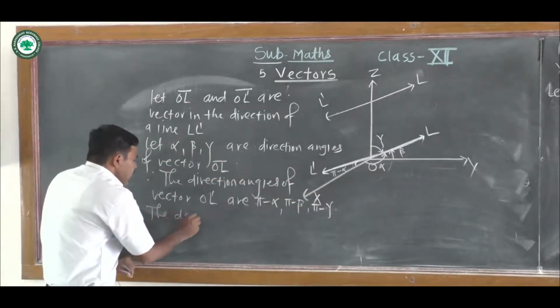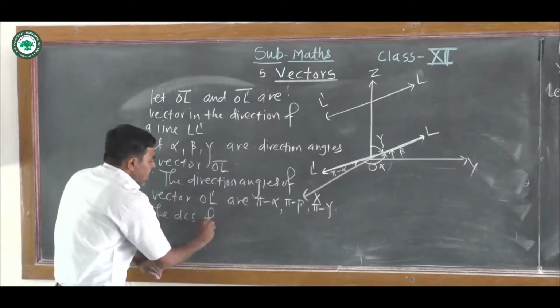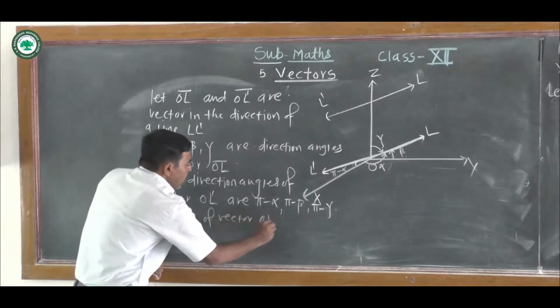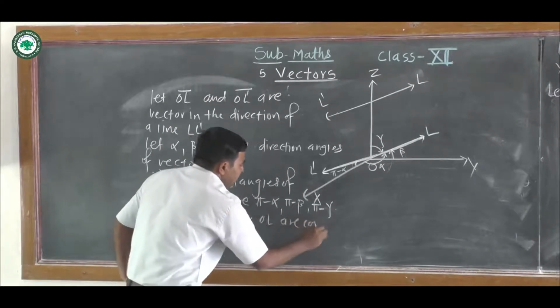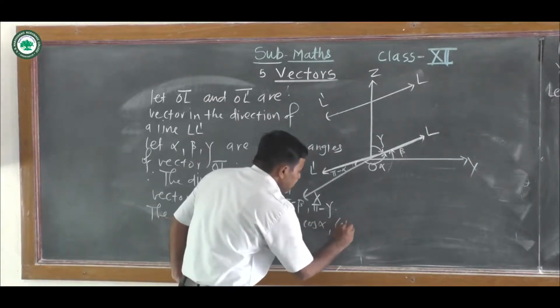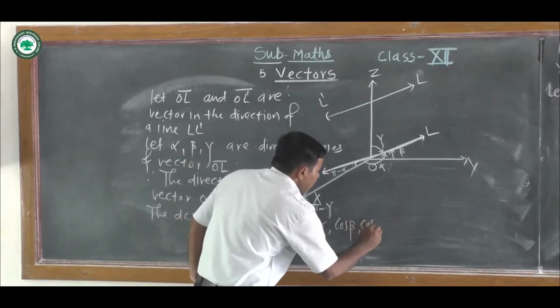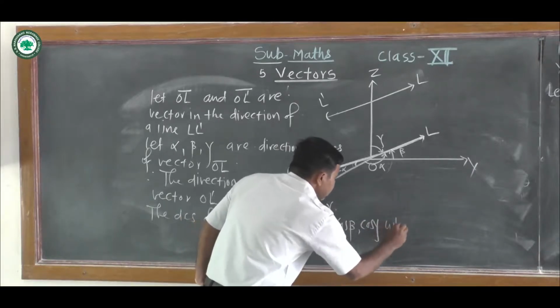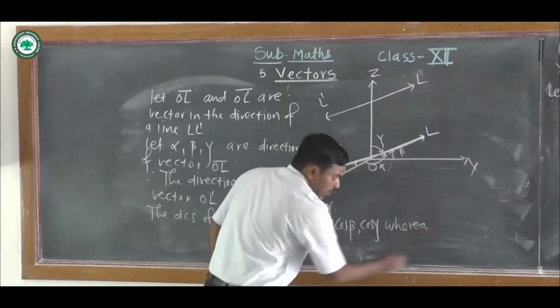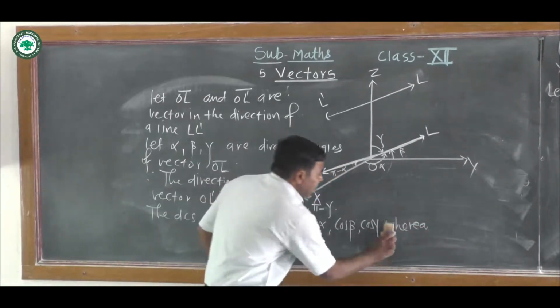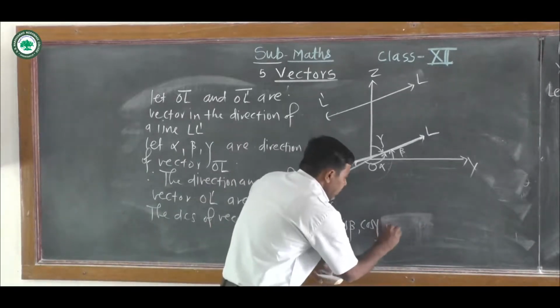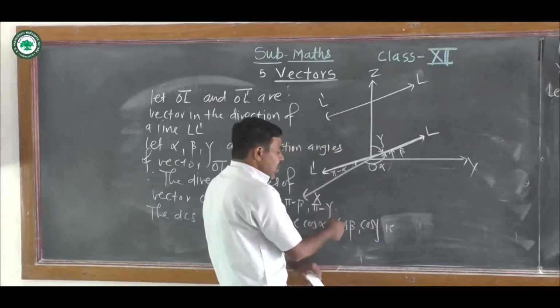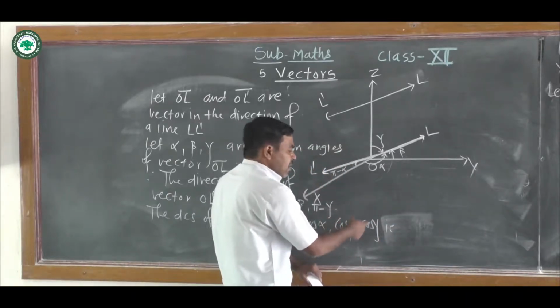The direction cosines of vector OL are cos alpha, cos beta, cos gamma. You know that cos alpha is L, cos beta is m, and cos gamma is n.